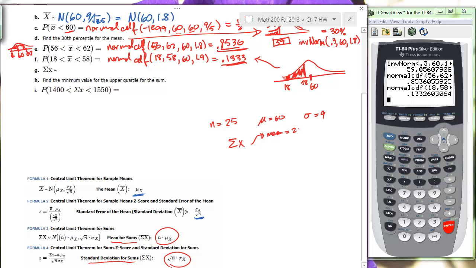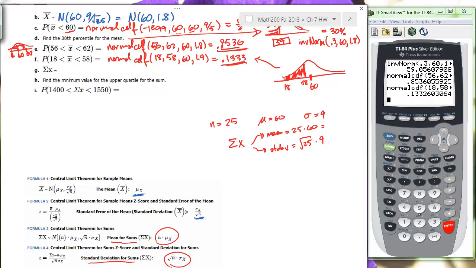It's going to be 25, that's n, times 60, which is mu sub x. And our standard deviation is going to be the square root of 25 times, instead of being divided by the square root of 25, multiplying by the square root of 25.